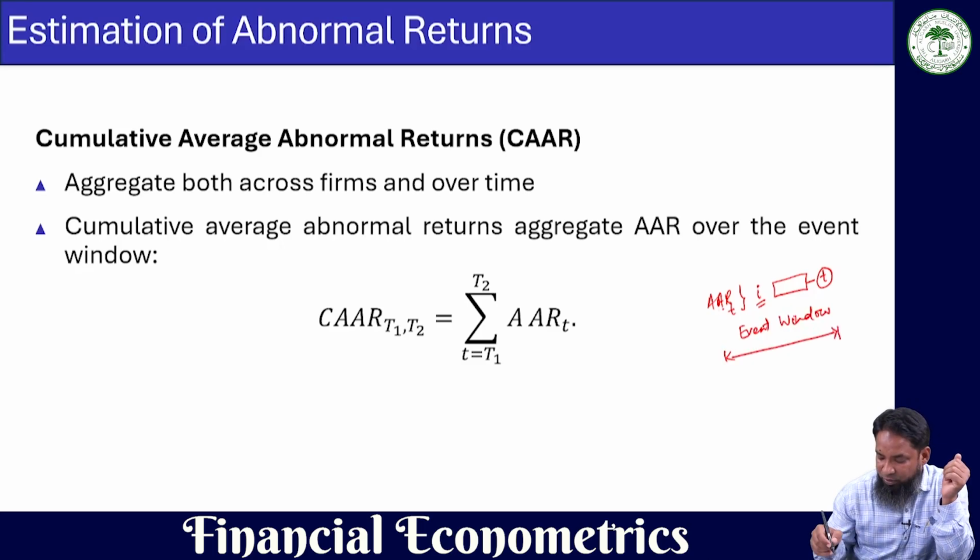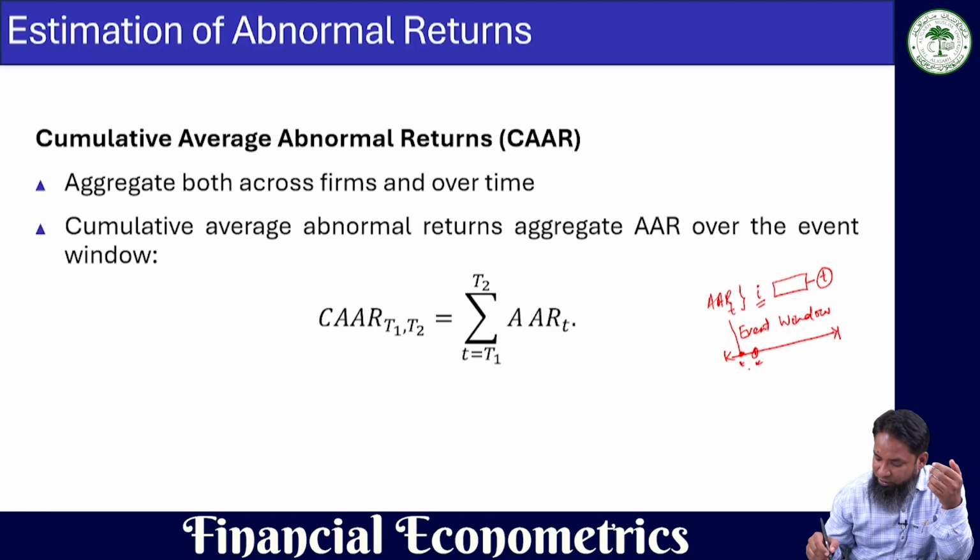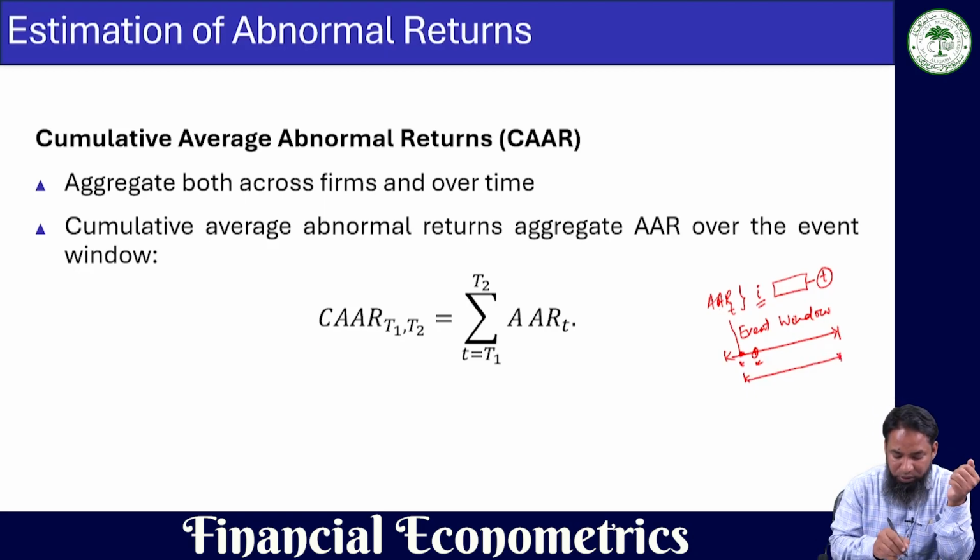And this average abnormal return belongs to a particular t. We also know that it is not reasonable to assume that the same return will be repeated on the next day. It could be or it could not be the same. So in that case, we aggregate all the average abnormal returns over the whole event window. That is known as the cumulative average abnormal returns, and it is calculated using this particular formula.